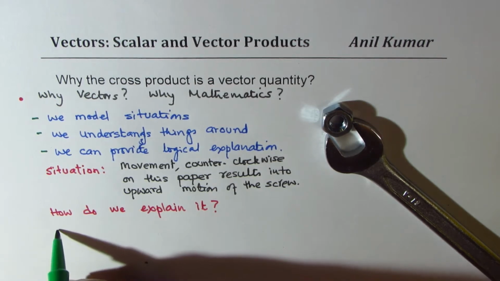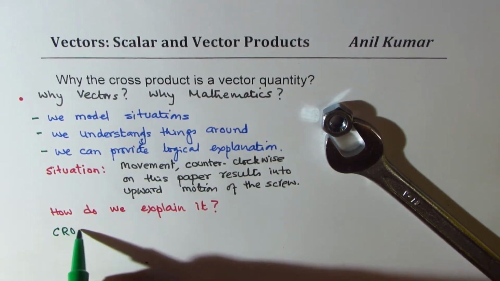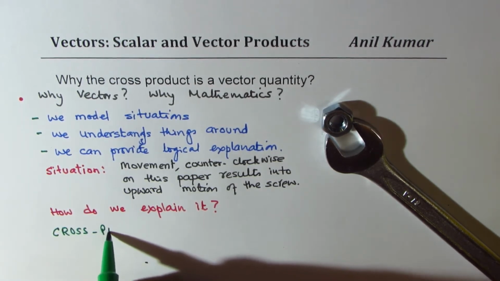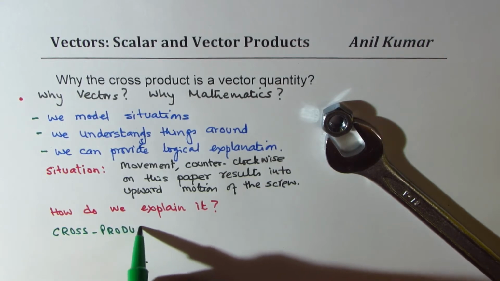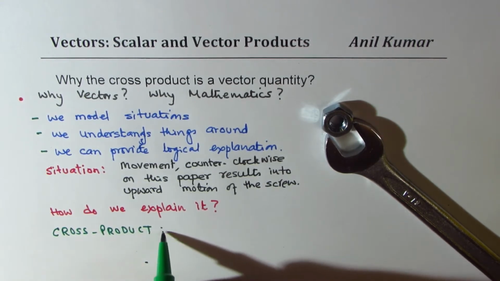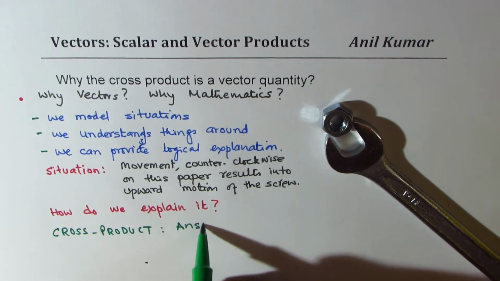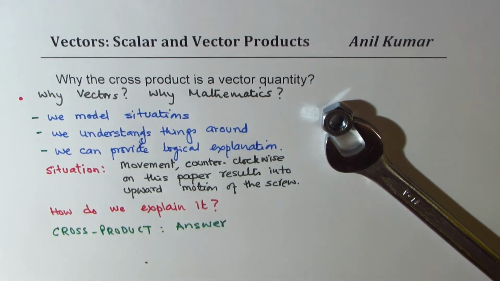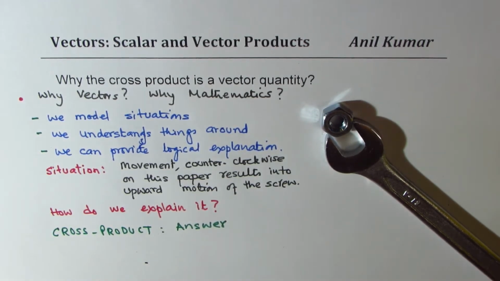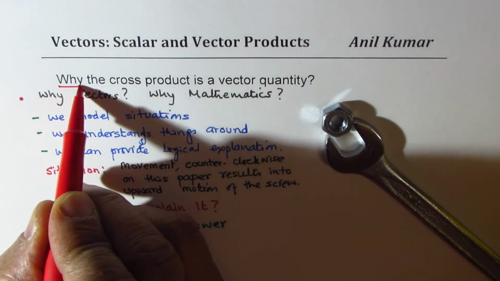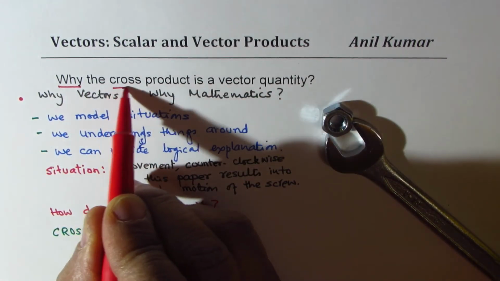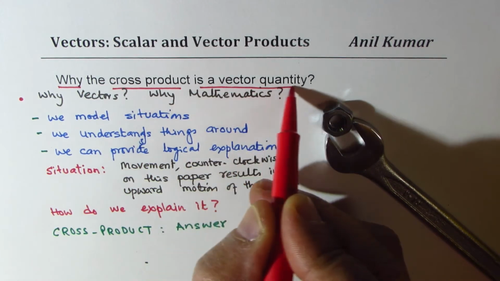Now here, we can introduce cross product and provide the answer. Do you see that? Now, the second question here is why cross product is a vector quantity.